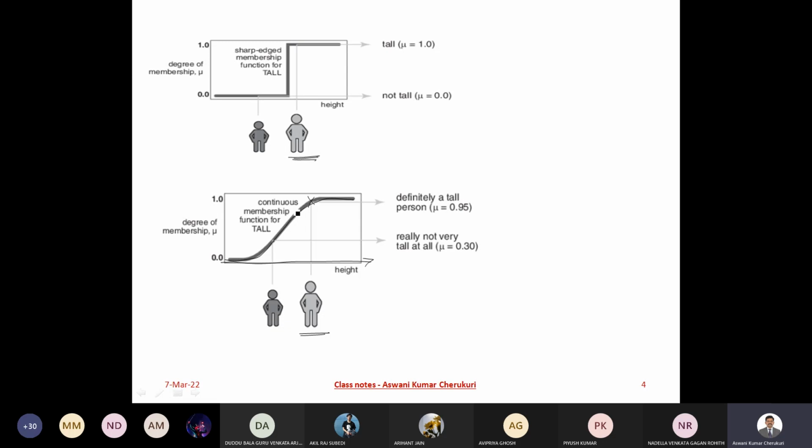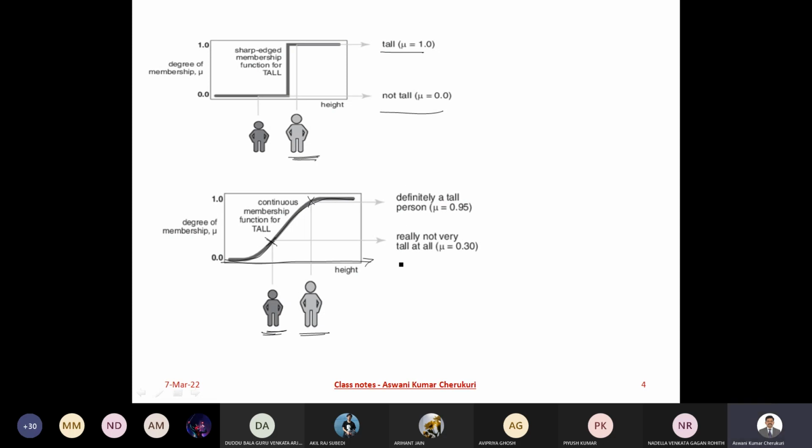Similarly, look at this particular person. We are saying this person belongs to a particular fuzzy set called tall with a membership value. We are not saying not tall.